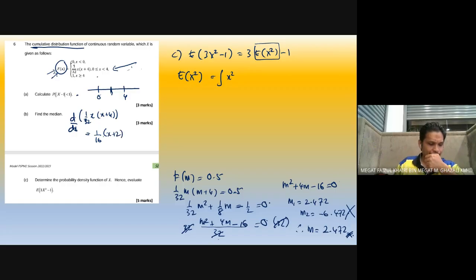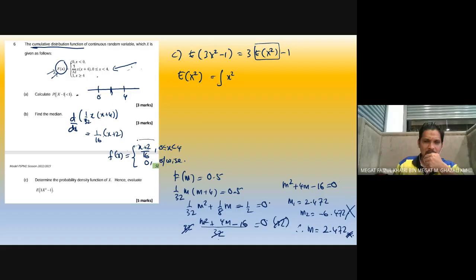So the function f of x is x plus 2 divided by 16 for x in between 0 until 4, and the rest is 0 otherwise.